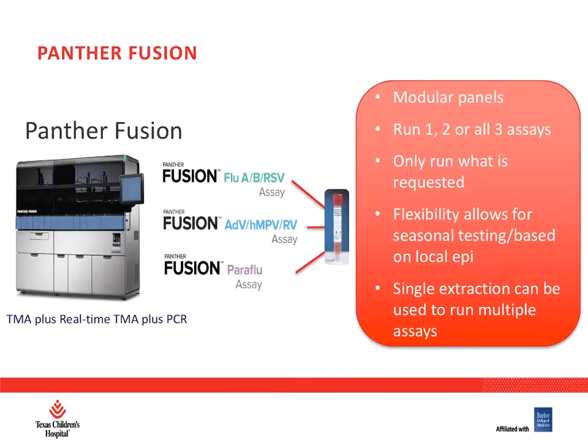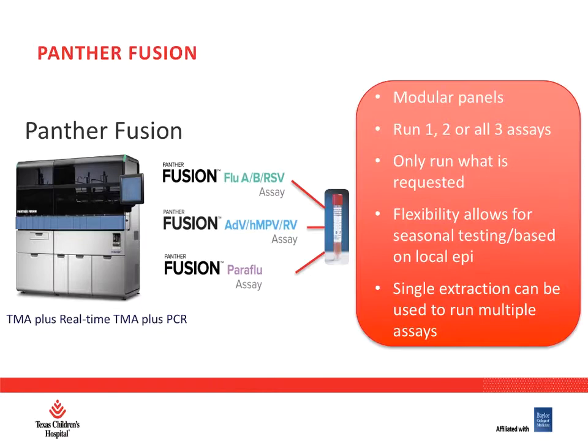And so you can run just one of these assays, two, or all three if you need to, and even within each of these assays you can select or deselect targets. So if I wanted to run just RSV, I could select just RSV. So I really can get down to just running what is ordered. And then the way that these panels are configured, this flexibility does allow us to do the seasonal type of testing that we've been doing for a number of years, but just more in batch mode.